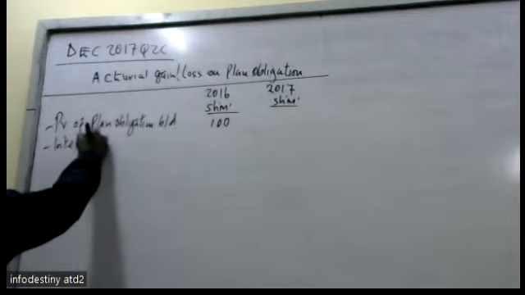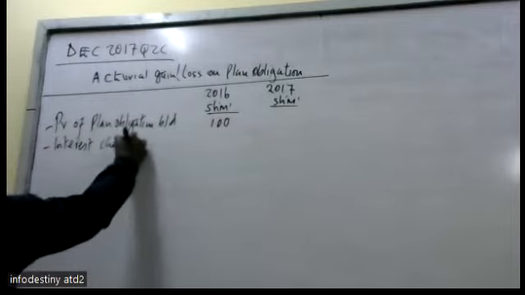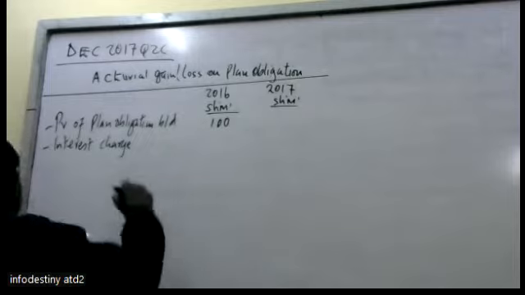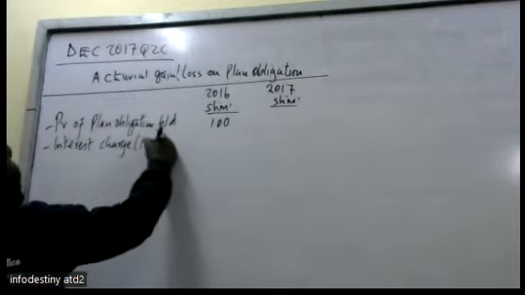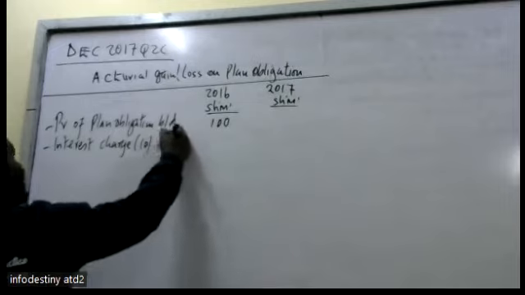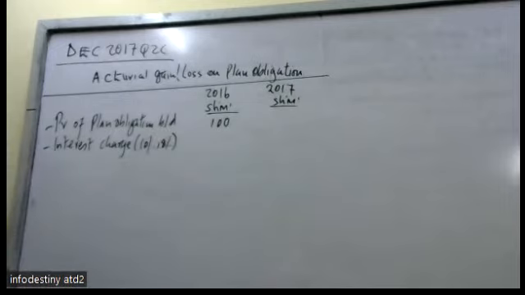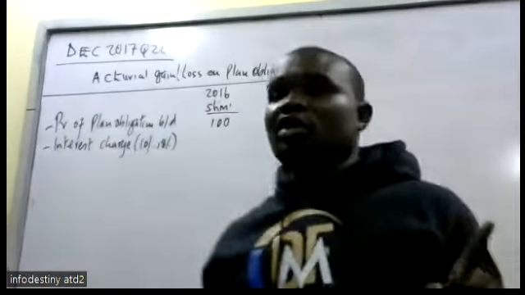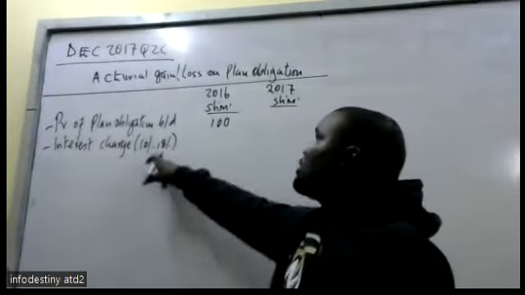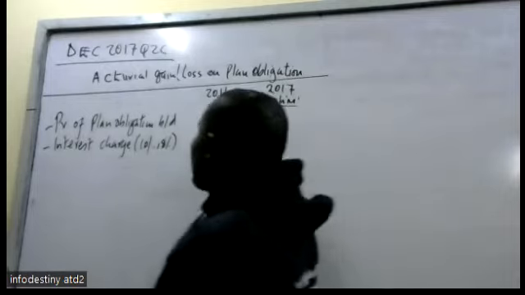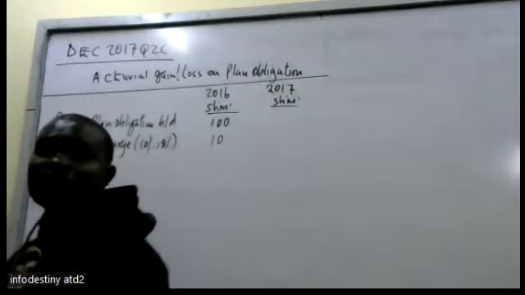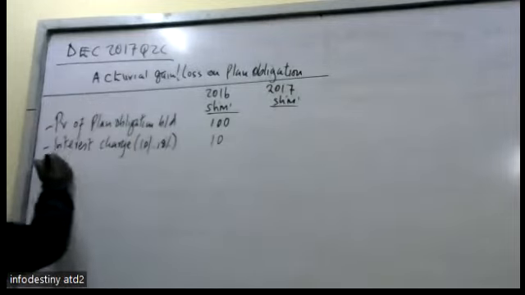So interest charge, they are charging us 10%, the discount rate. The discount rate is always based on the opening value. So 10% of 100, that is how much? 10. Then current service costs, you will incur during this year to maintain the scheme.